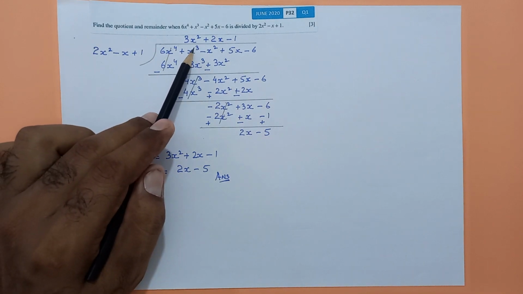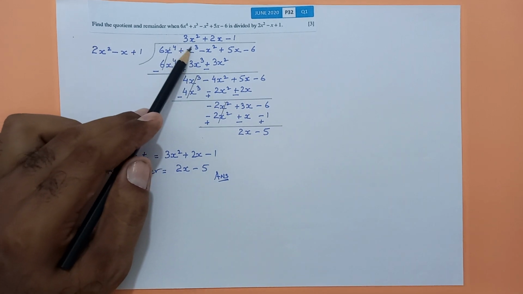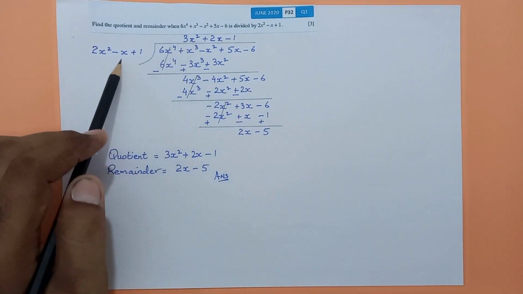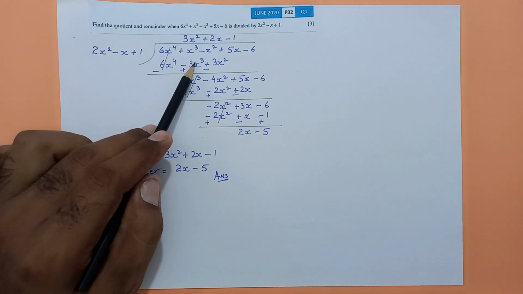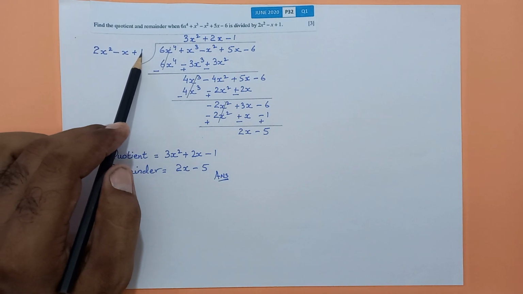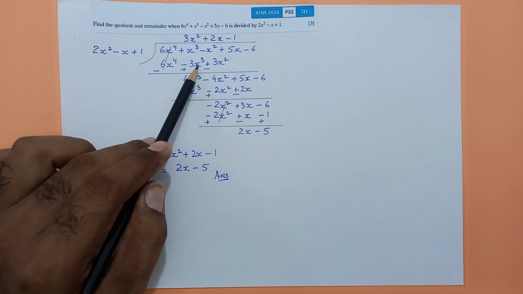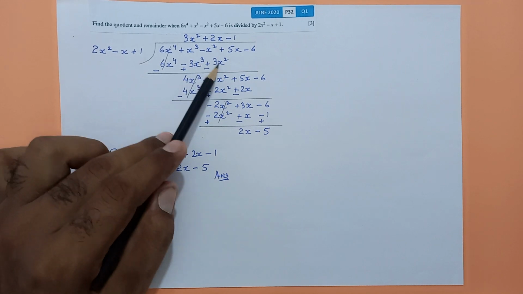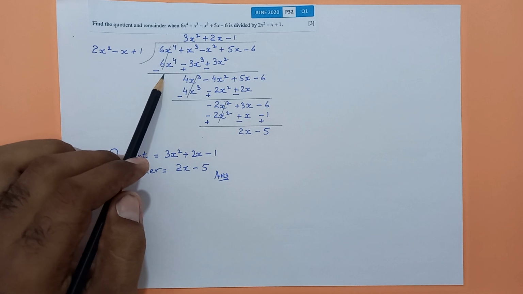So write the like terms next to each other, below them. Over here it was x^3, and 3x^2 multiplied by minus x would be minus 3x^3, and similarly 3x^2 with positive 1 would be positive 3x^2. So writing x^3 below x^3, x^2 below x^2, and after that changing the sign as per the rule.